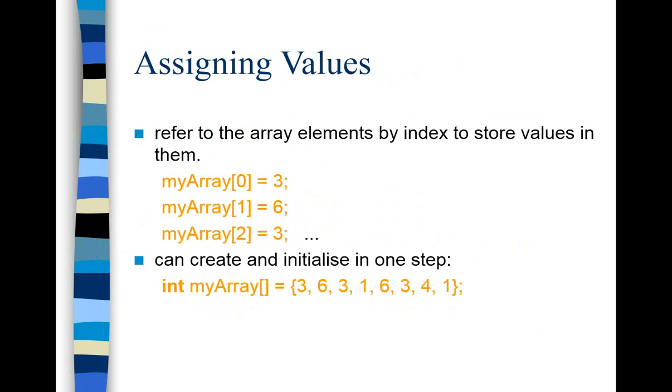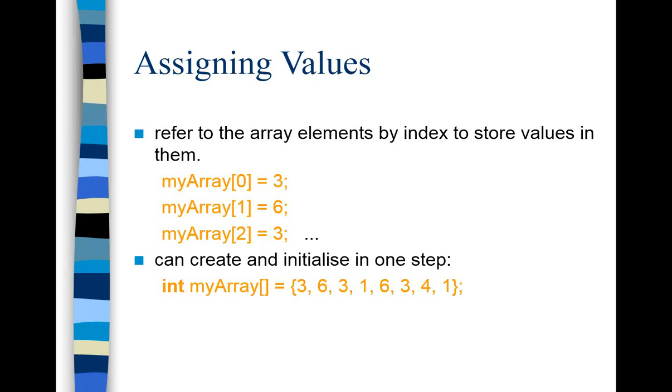So going next, this is assigning values. If you want to assign value 3 to the first location of the array, you can do it like that. Or you can assign all the values in one go like this, which I told you. If I created an array with 100 dimensions, then I said my array 0 equals 3. The first one is going to be 3 in the array itself.